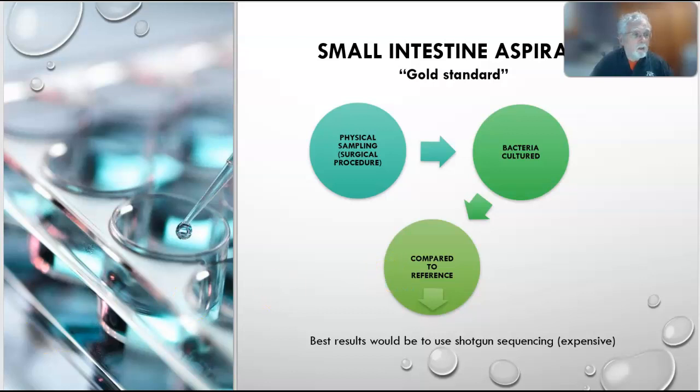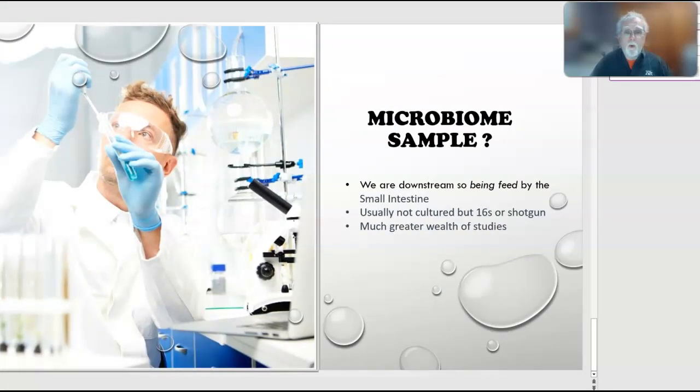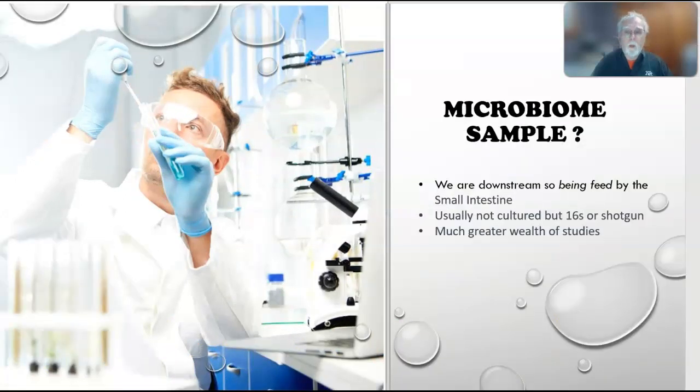We don't have that. What we end up going to as the last thing is, what I proposed, we look at the stool microbiome sample, and the logic is straightforward and simple. First of all, it's downstream, so what is in it is being fed by the small intestine. Whatever comes out there has gone through the small intestine.